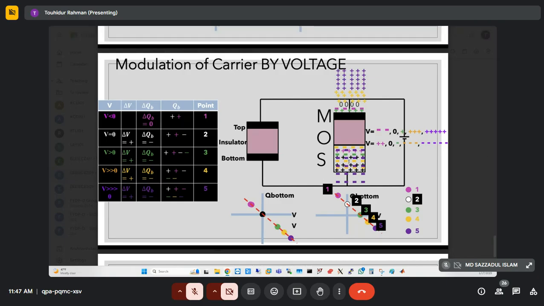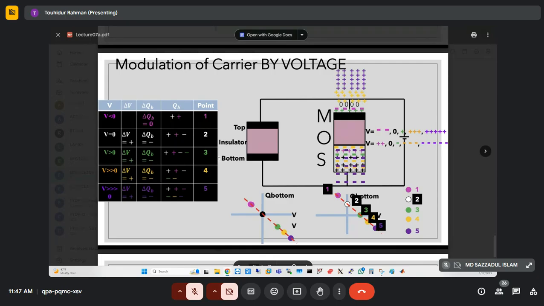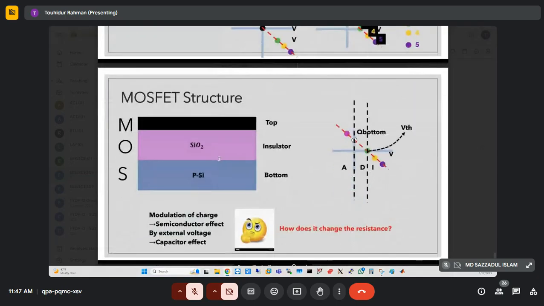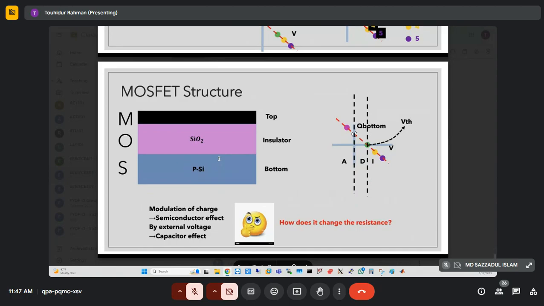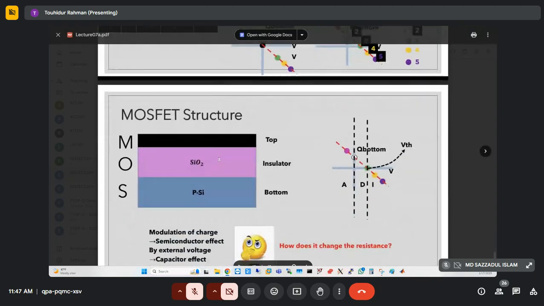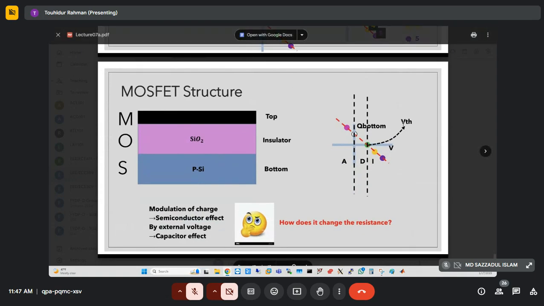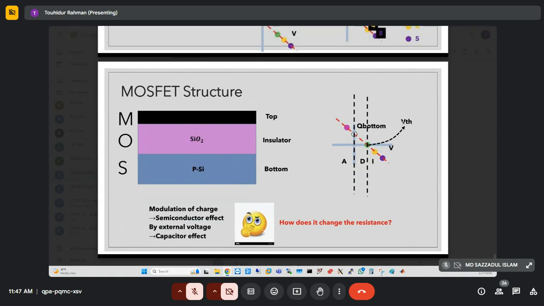What kind of change of charge will be observed in the bottom plate? So that's another thing. And also about threshold voltage, what is the significance of threshold voltage?